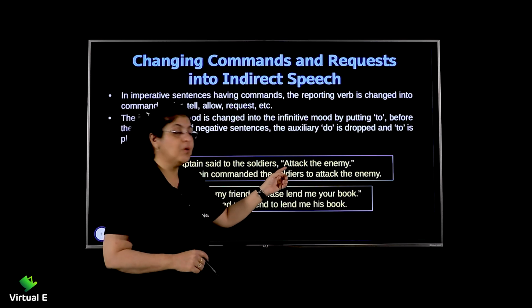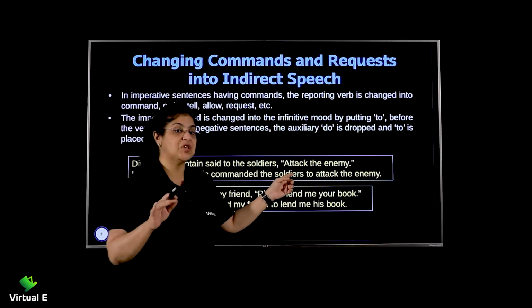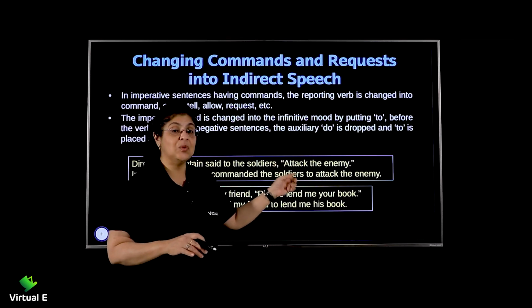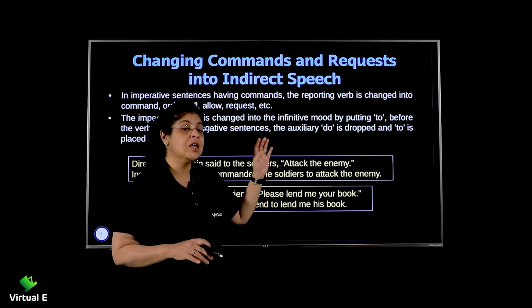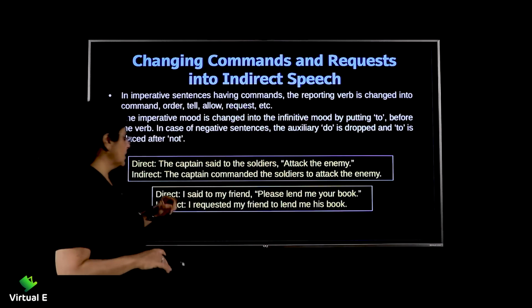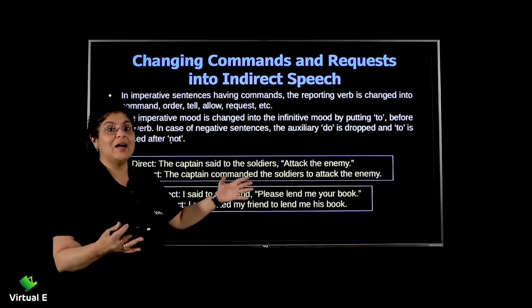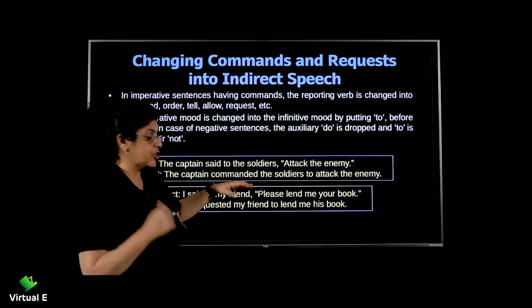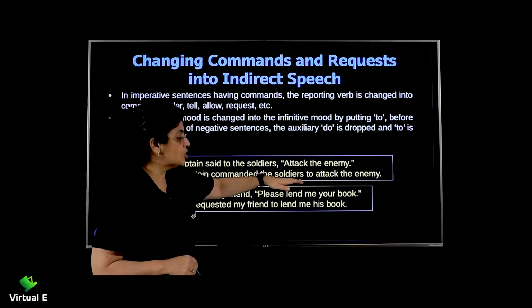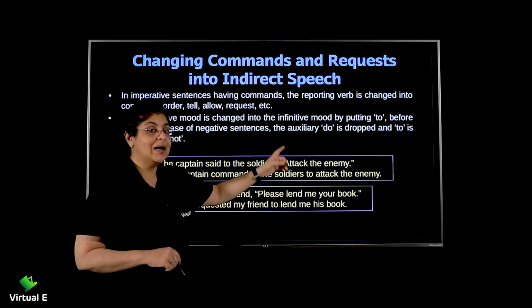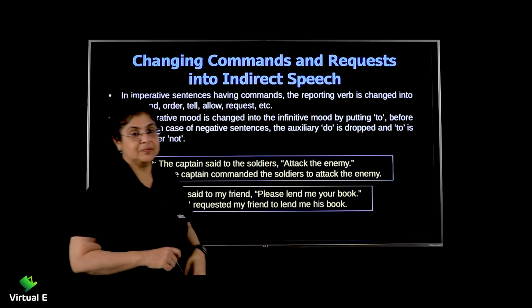Do you see the reported speech does not have a subject? It is directly starting with the verb attack. So it is an imperative sentence. So the captain commanded, you can say that because he's commanding his officers, his soldiers. Commanded the soldiers to attack the enemy.